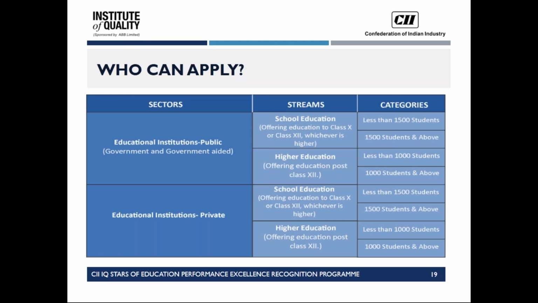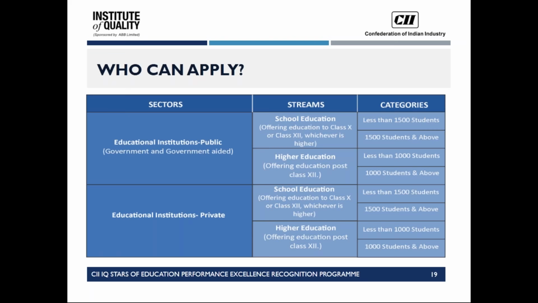For example, let us just look into school education under the government and government aided. School education offering education to class 10 or class 12, whichever is higher. Less than 1,500 students is considered one category, and 1,500 students and above is considered as another category.